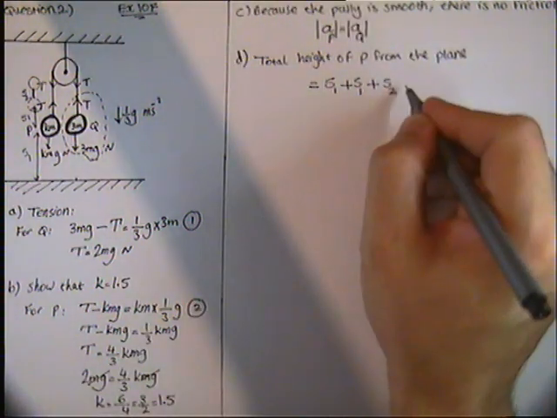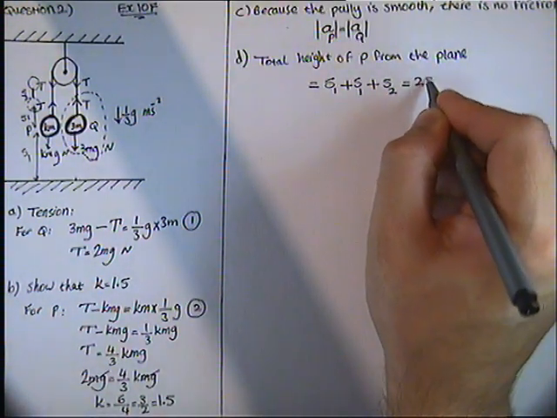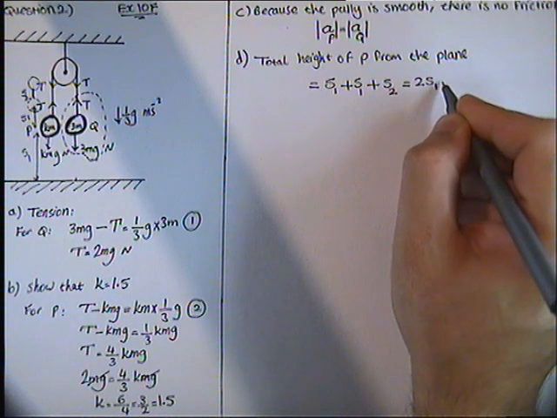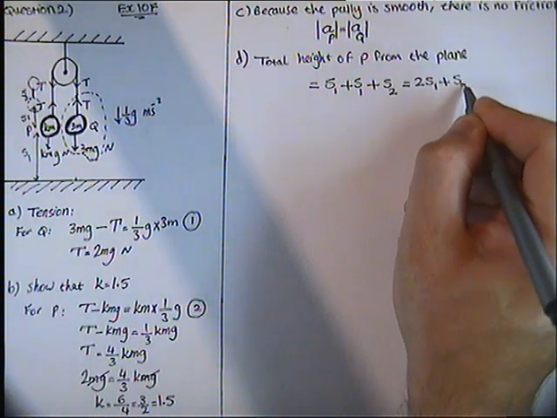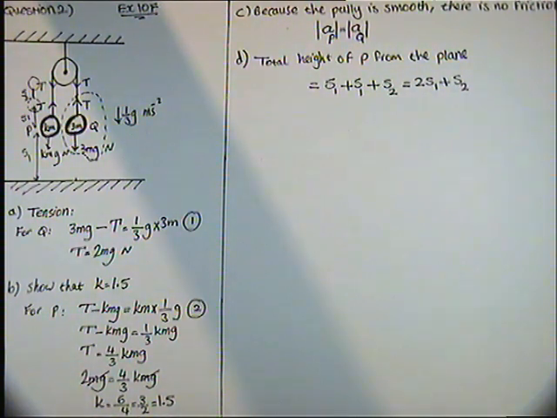So therefore it would be 2S1 plus S2. So how can we calculate this? It's a little bit complicated, but if we follow all the steps, hopefully we will be alright with this.